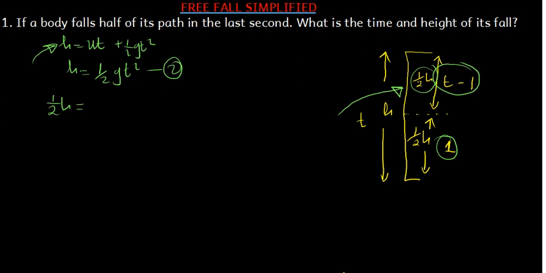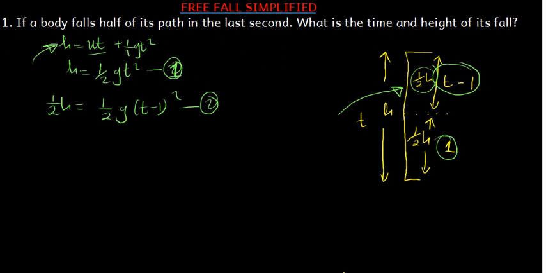But you know that the initial velocity is 0, so the first portion is going to be 0, so we'll not write it. We'll just substitute in this portion. So that is half h is equal to half g, where there is time we put t minus 1 squared. So this will be our second equation. This is the first one, really.